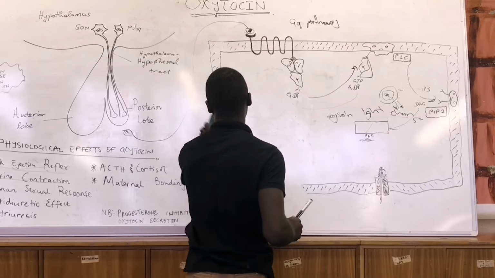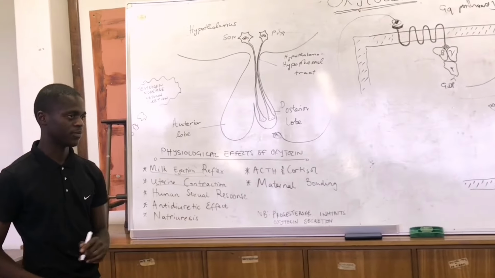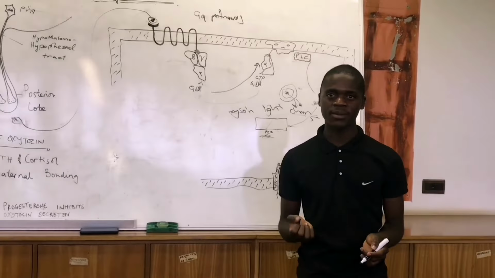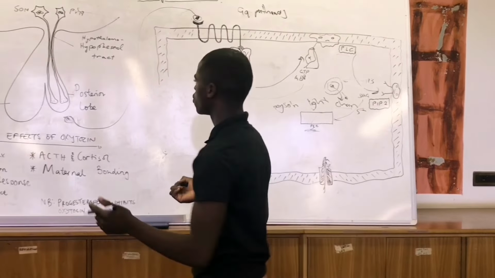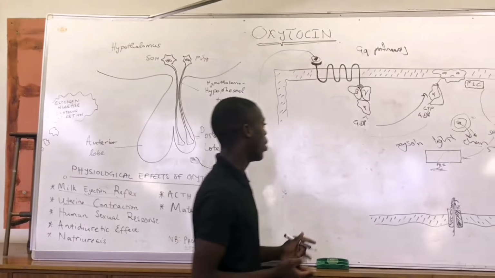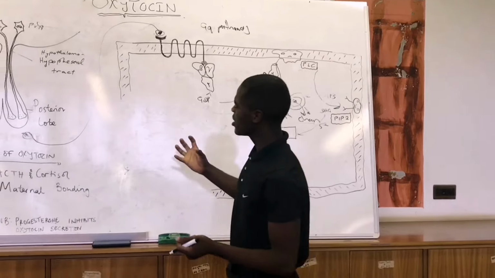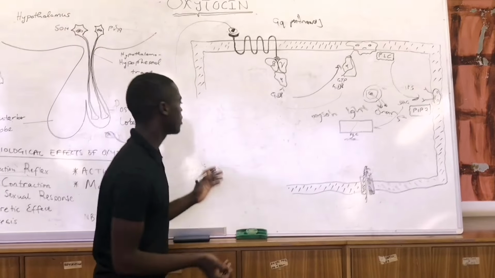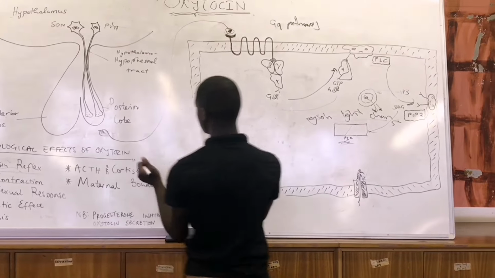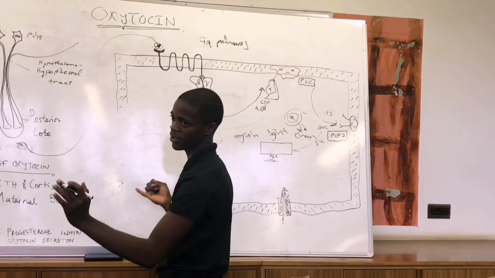Okay. Number 3, we have human sexual response. So we know that during male orgasms, oxytocin release will actually trigger contraction of the vas deferens and the prostate gland. So when oxytocin triggers this gland, it will actually have an effect of causing contraction. That contraction is going to lead to ejection of the sperm into the urethra and out into the cervix.